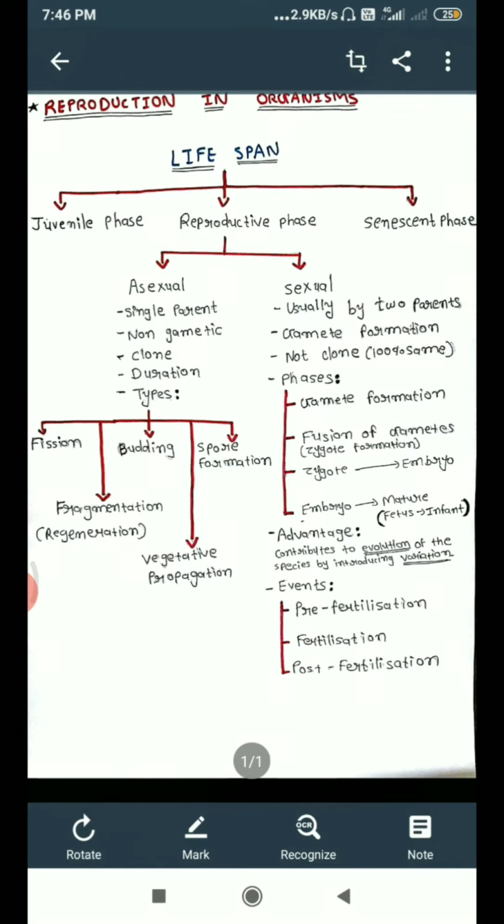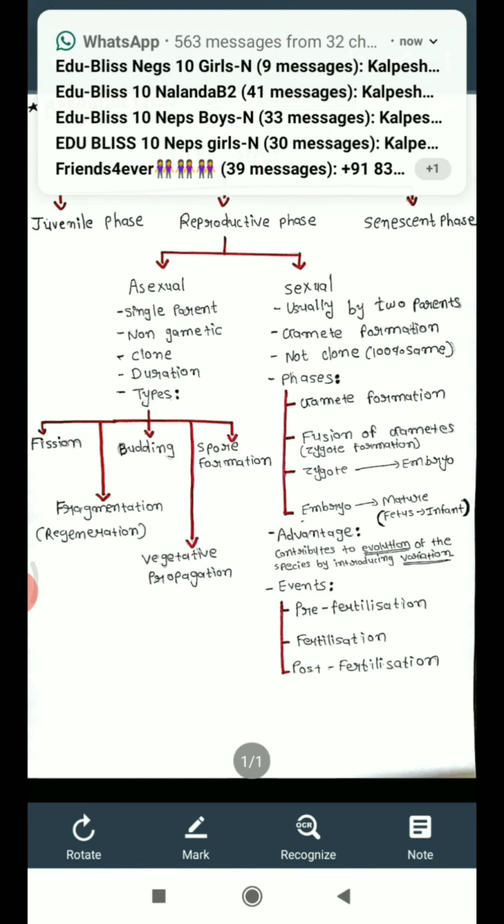That means two sexes are there. If we are talking about humans, then the male is able to produce sperm cells and the female is able to produce egg cells, like that.